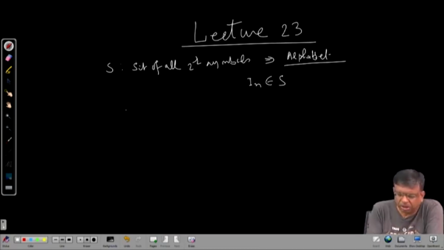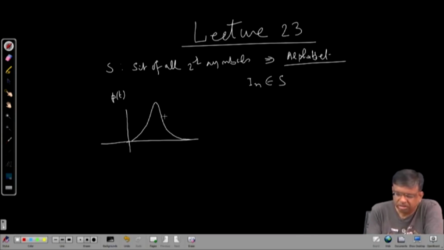So suppose there is a basic pulse, we design like this, p(t). The pulse is triggered at this point, maybe it attains a peak something like this here. This height may be 1 and this center point is T. Okay. So you take this pulse and multiply by, say, I0, the 0th symbol.